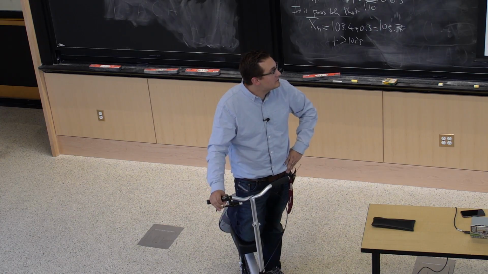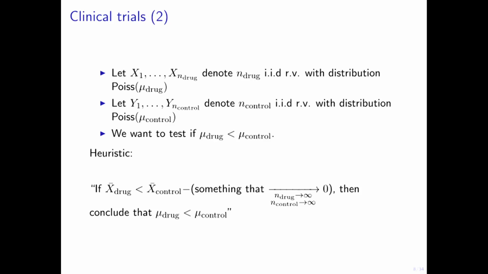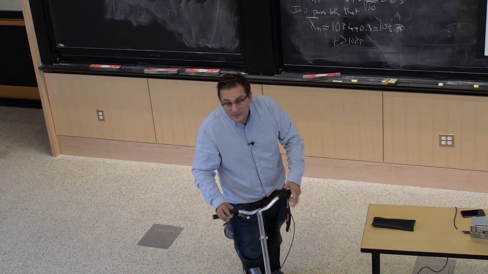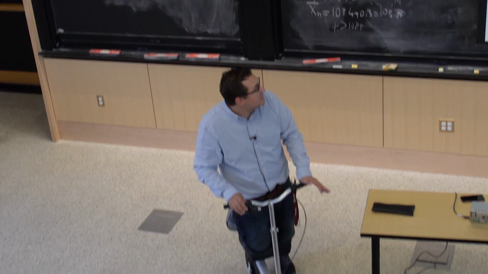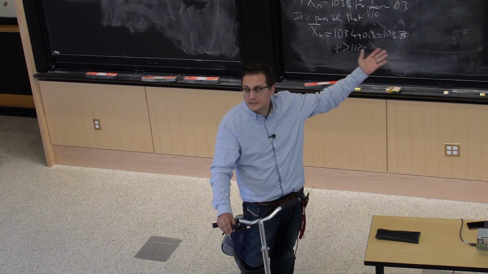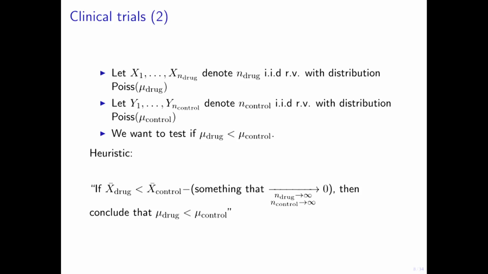So now what I want to do is test whether mu drug is less than mu control. We said that already, but the way we said it before was not as mathematical as it is now. Now we're actually making a test on the parameters of Poisson distributions, whereas before we were just making tests on expected numbers. So if we try to apply the heuristic now, rather than comparing x bar drug to some fixed number, I'm actually comparing x bar drug to x bar control.